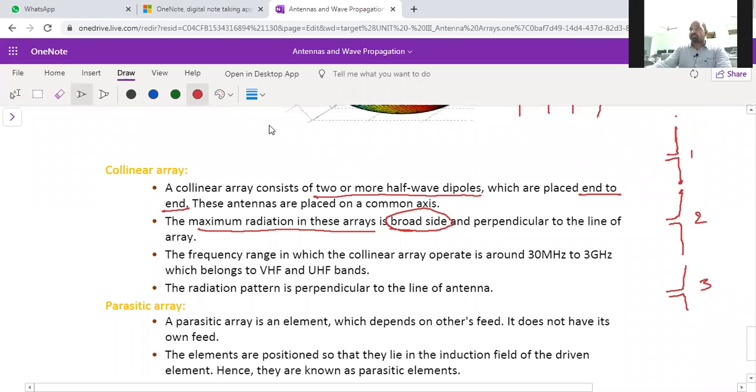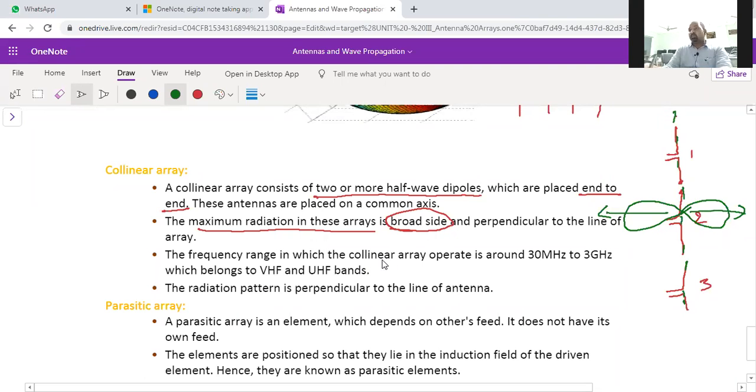This is the axis of the array, and the radiation pattern is like this, perpendicular to the axis, perpendicular to the line of the array. Bidirectional radiation pattern you will get.